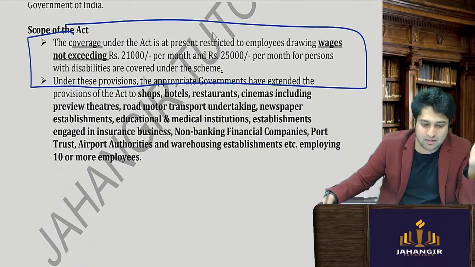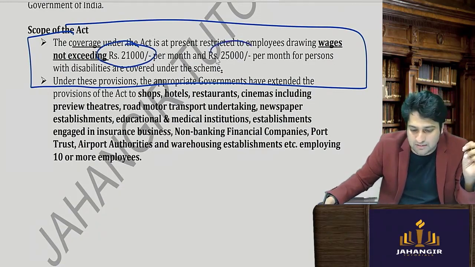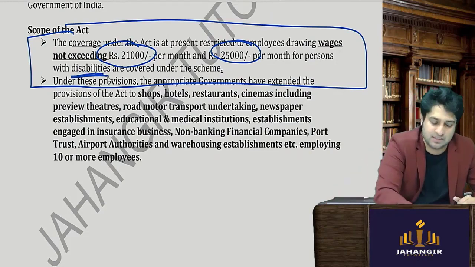So the ESI Act covers up to 21,000 normally, but the limit is 25,000 for persons who have a disability.